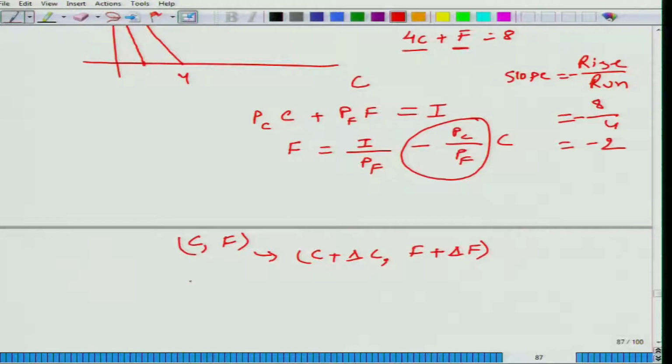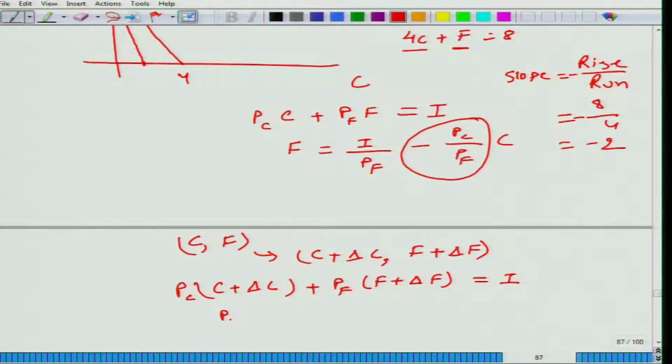So, what do you get in that case? P C times (C plus delta C) plus P F times (F plus delta F), and this is again equal to I.